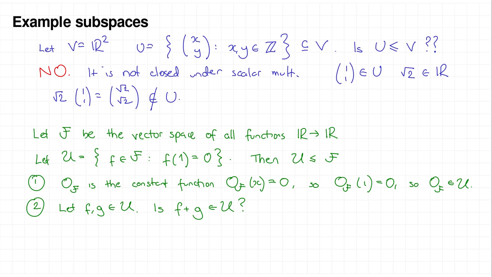We can just check the defining property for being in U. If we look at f plus g at the number 1, the definition of addition in our vector space F is that f plus g at a particular input is just the sum of f of that input and g of that input. But since f and g were elements of U, f of 1 and g of 1 are both equal to 0. So f plus g satisfies the defining condition of U.